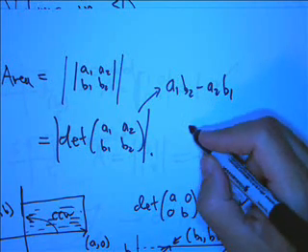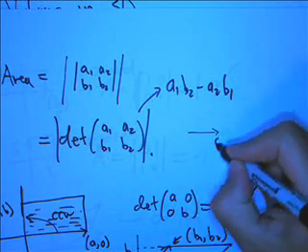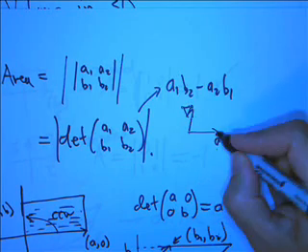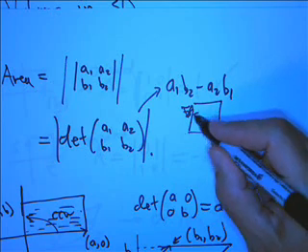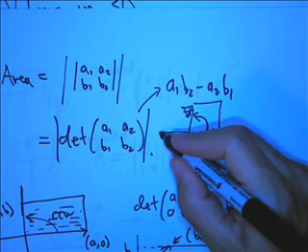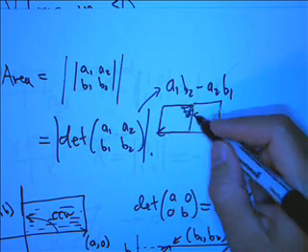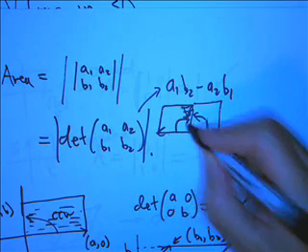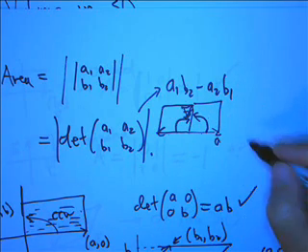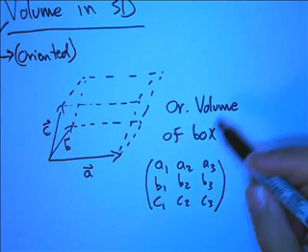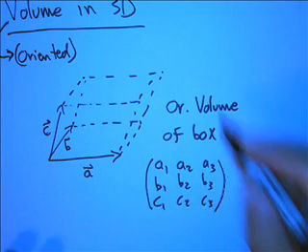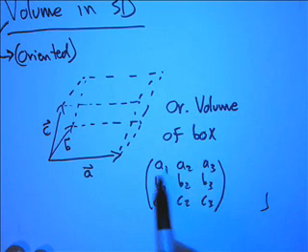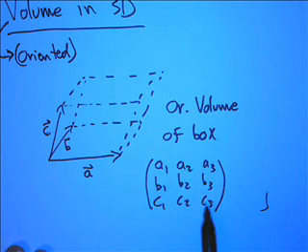And that makes sense in terms of the orientation. If this is A and this is B, then that has a certain orientation. I'm going to denote that by a little curvy arrow pointing from A to B. If I flip A here, I've got a box of the same area, but it's oriented oppositely. So we'd expect that from the formula. A minus sign in all of the A's, or all of the B's, or all of the C's should give a minus coming out.